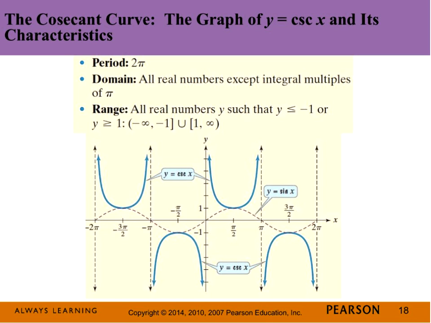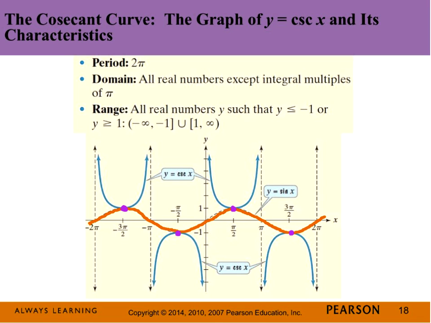Okay, so this is a picture of the cosecant curve. So what I'll point out here is that this is the sine curve weaving through here. And you can see what I was talking about. The cosecant makes this U shape approaching these asymptotes, but it shares either a maximum or a minimum with the sine function the whole way through.